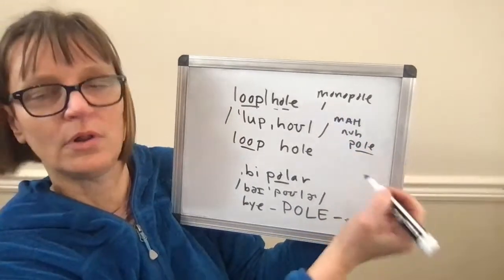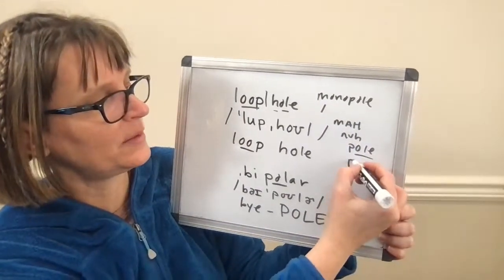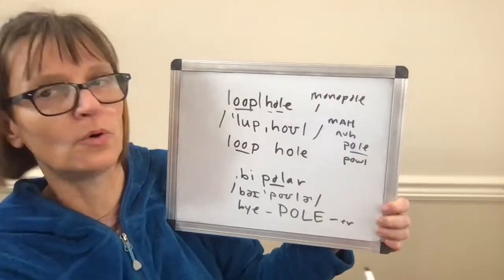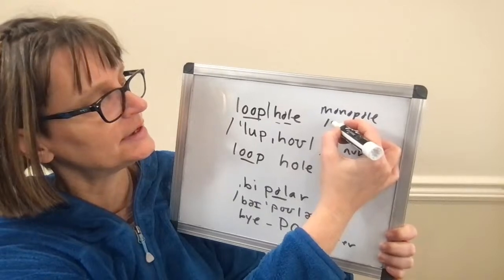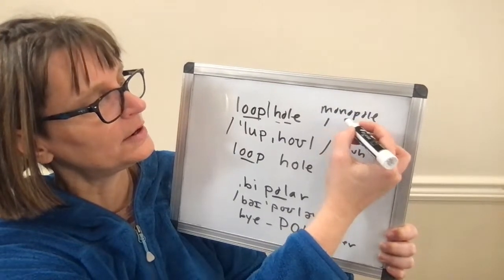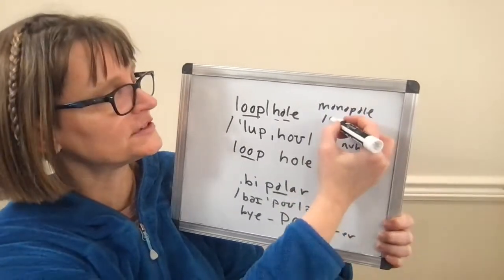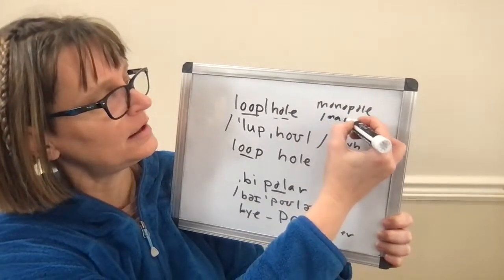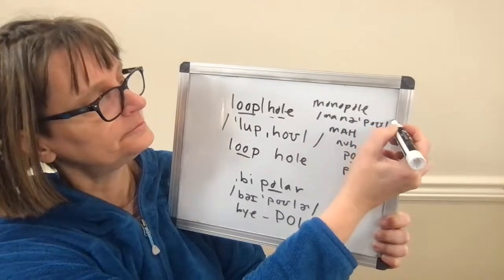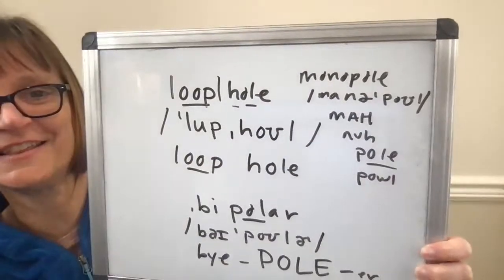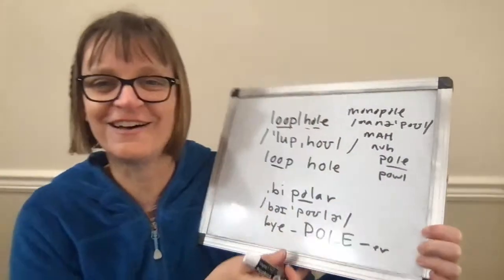I might keep pole that way because the other way they put it, pole is just like bowl, another way to do the long O. So you'll see in the dictionary monopole. Pole has a stressed syllable. Okay, kind of tiny there. Sorry about that. Fitting a lot on one board for your requests.